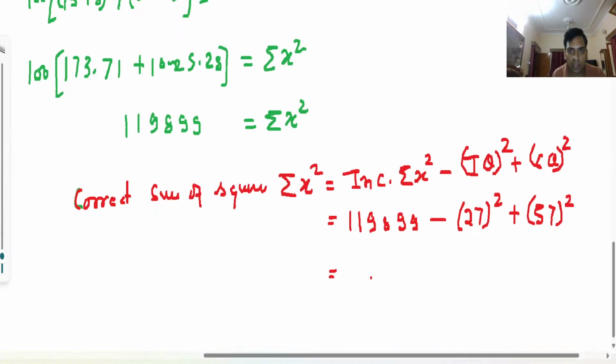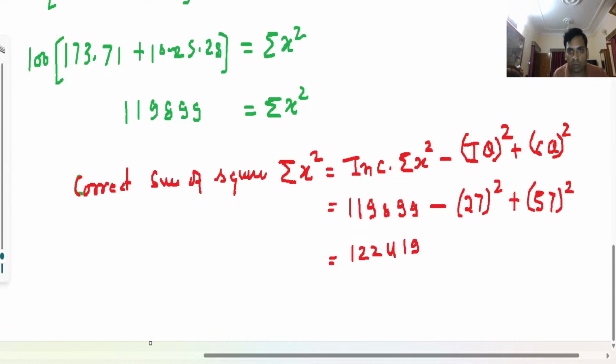Now we will solve this quantity. So this quantity is 1198.99 minus 27 square plus 57 square. So this quantity is 122,419. This is correct sum of square.